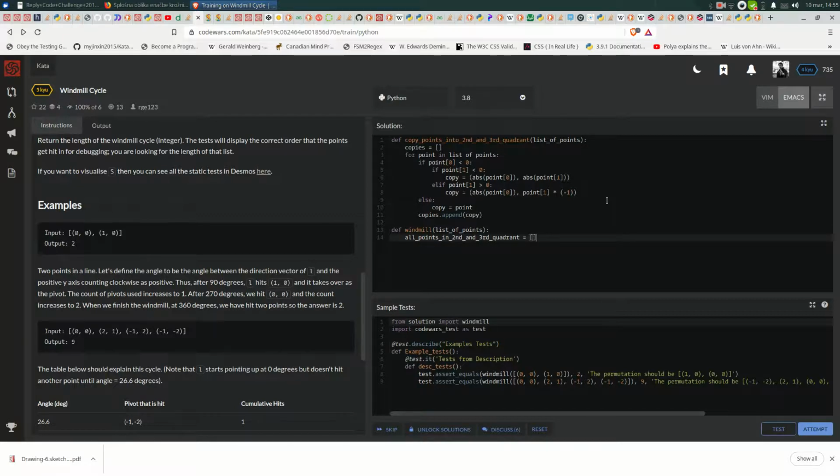All points in second and third quadrant are copy points into second and third quadrant list of points as an input. After that, yeah, let's just look.